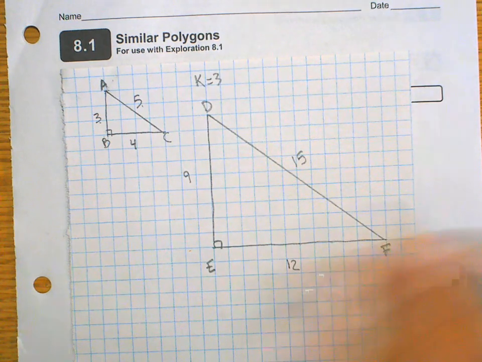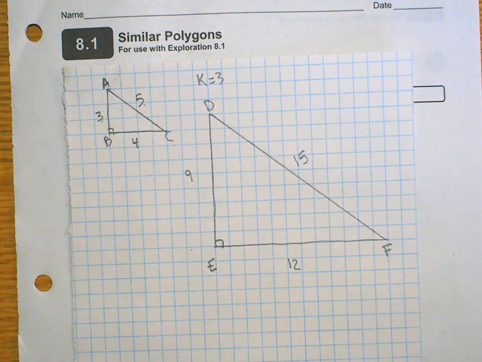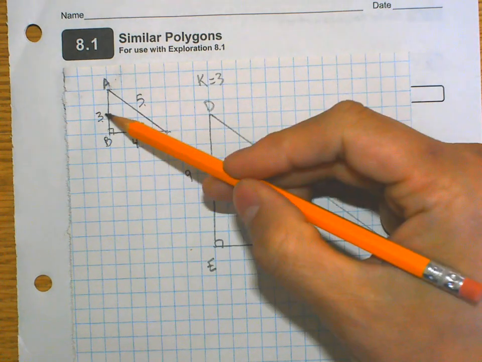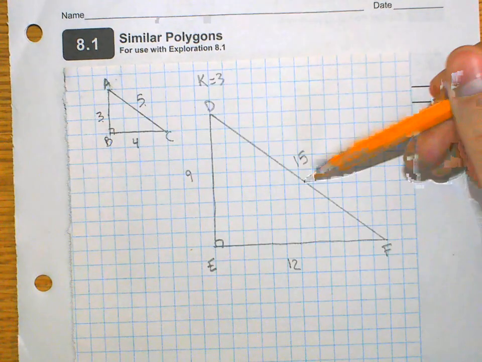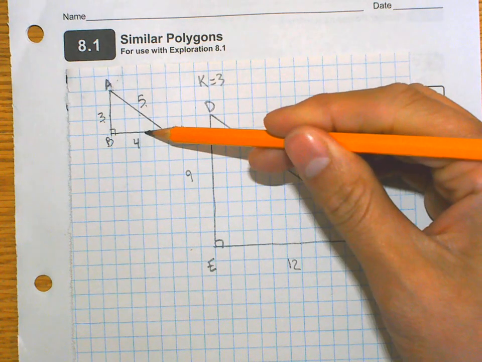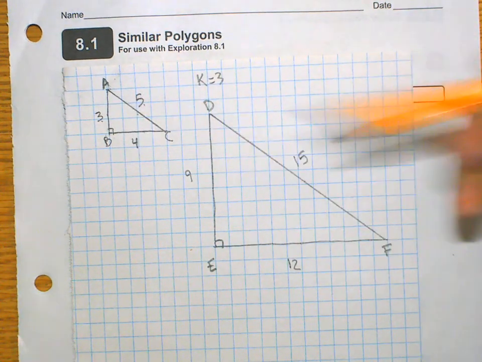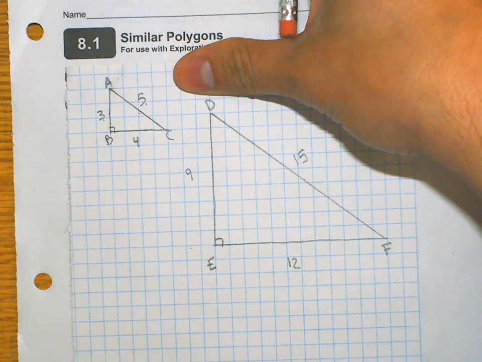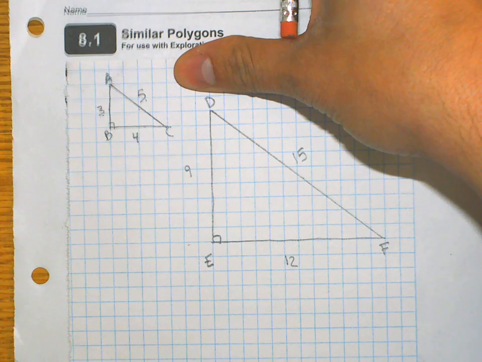Now, one of the things that we have talked about in the past is corresponding sides. DE corresponds to AB, DF corresponds to AC, and EF corresponds to BC. If I ever wanted to find out a scale factor, say I didn't know that and I was given these two, what I would need to do is set up a scale factor ratio, and I can find it.